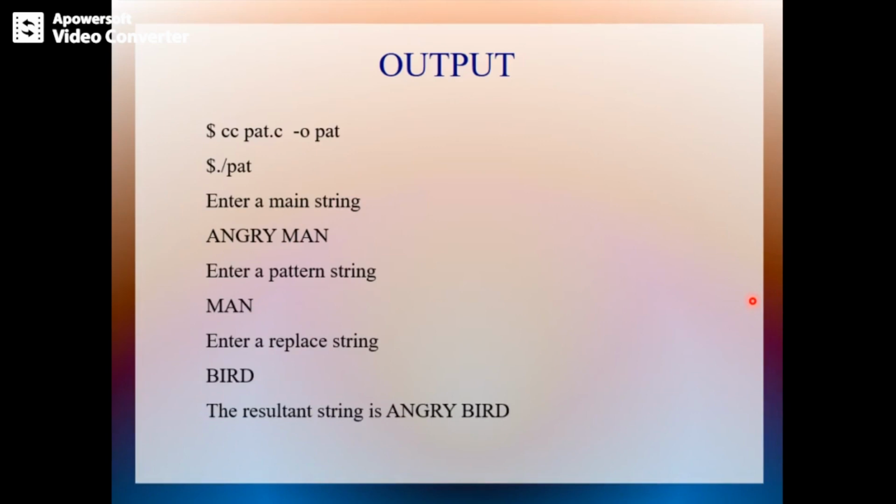Next, the resultant string: man is found in the main string, and man gets replaced by bird. So it is not only replacing the 3 characters, but the addition also gets added. Extra characters, if present in the replacement, also get added. This is about pattern matching and replacement.